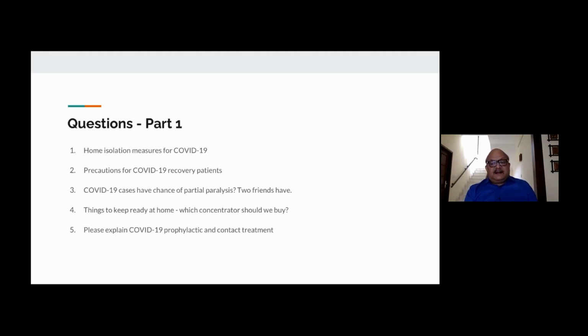But there are many patients who can very well be managed at home, and I have managed them recently in the last 1 month. And these are all mild to moderately severe patients. With the correct treatment, that is by assessing them properly and starting them on what we call antivirals, antibiotics and steroids.